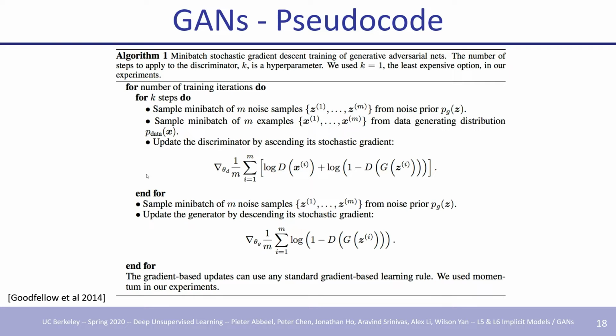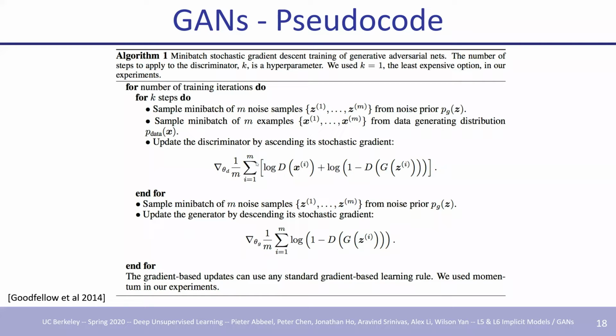And so the next, after you update the discriminator, then the next step is to sample some noise from Z1 to ZM, and then update the generator by this gradient, just looking at the second part of it. The first part doesn't involve the generator, right?